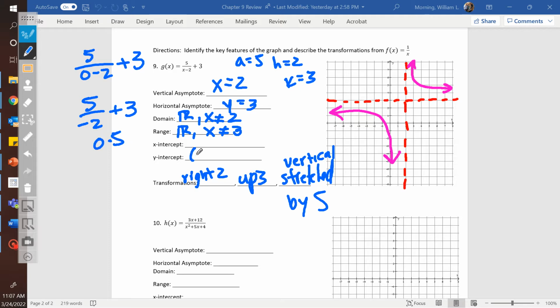So my y-intercept, plugging in 0, gives me 0.5, and that's like right here. So I kind of didn't graph it correctly because it's supposed to be right here. So maybe I should fix that a little bit. Yeah, I don't know. It looked better before, I guess.